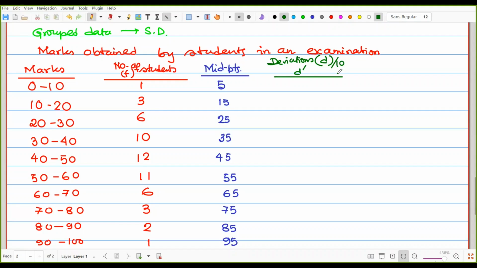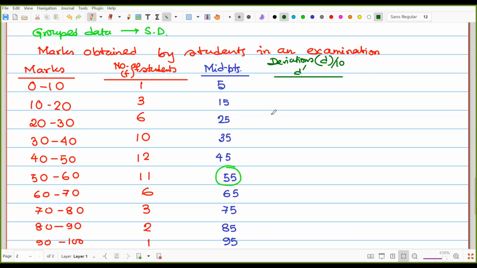Already we know that from the previous thing. Okay. So here, suppose what is the deviation? Now, deviation is, suppose we have counted the 55. We have counted the 55 as the middle value. Okay, that is our assumption.